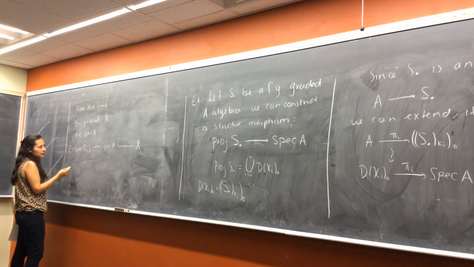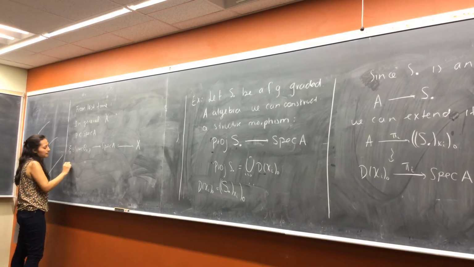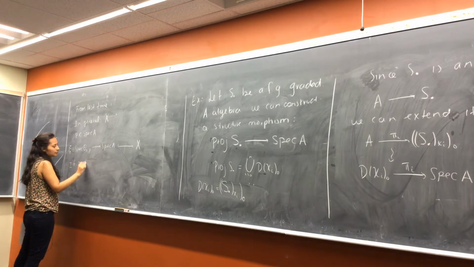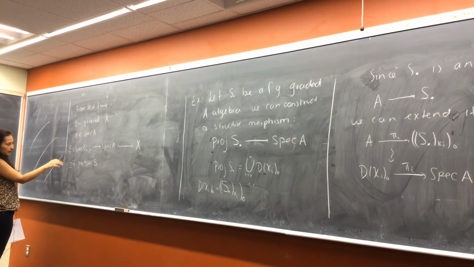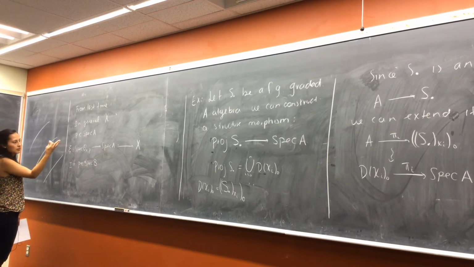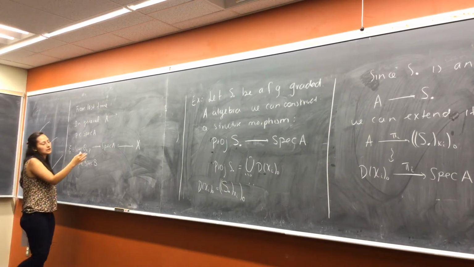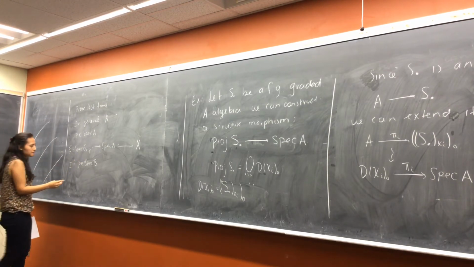We want to show that if P is in another affine open, the map that you get from this construction is the same as the map you get from the first one. I mean, it doesn't matter what open you take.